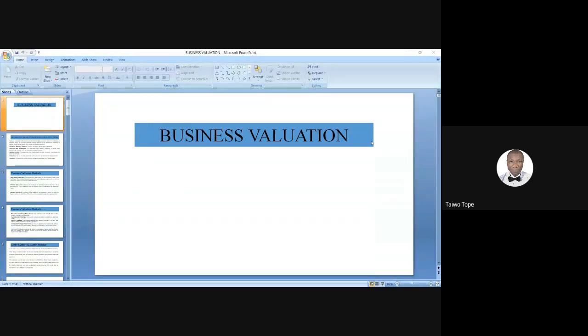So valuation can be carried out in several ways, depending on the nature and purpose of the transaction involved. Now, why business valuation? Why are you trying to value this business? That will lead you to the variables you are to look out for.